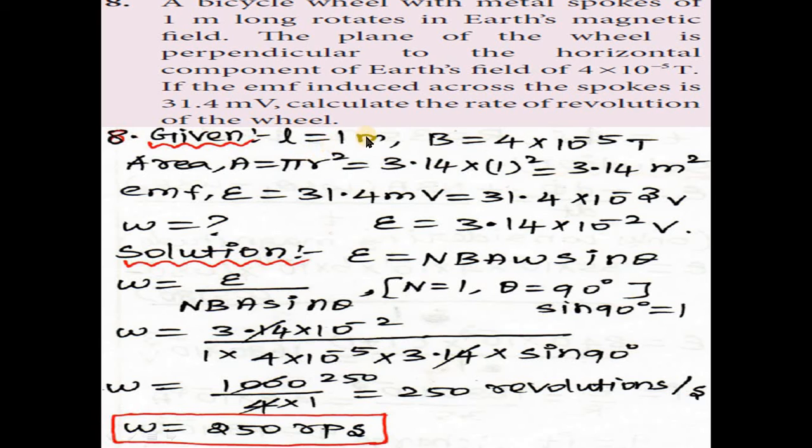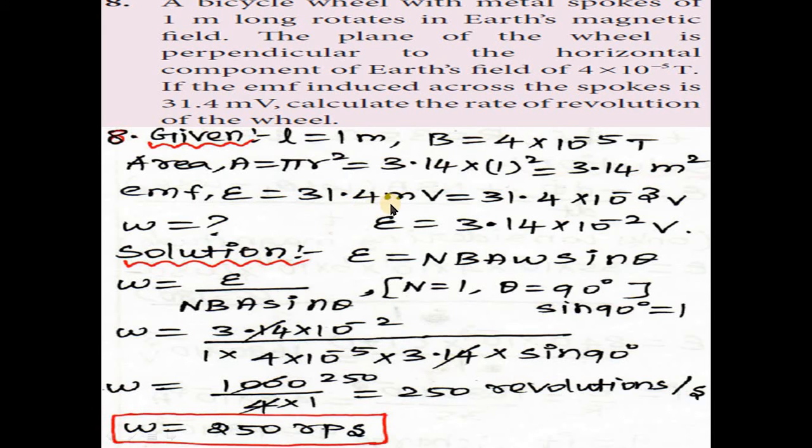The given data is L is equal to 1 meter, B is equal to 4 into 10 power minus 5 Tesla. Area A is equal to pi r square is equal to 3.14 into r square, where r is 1 meter, so 3.14 into 1 square is 3.14 meter square.